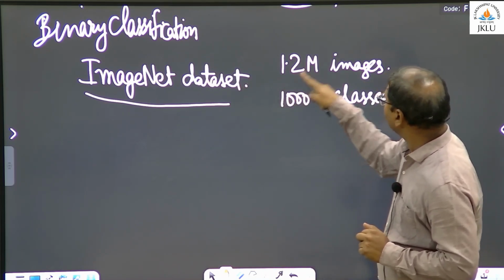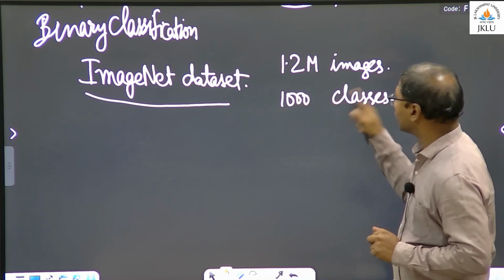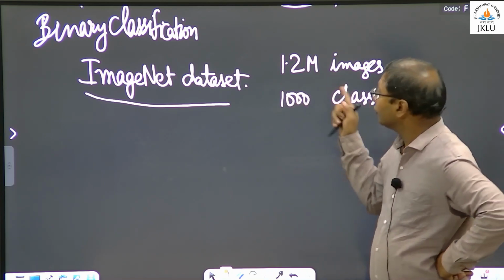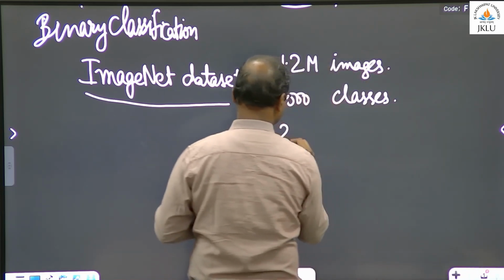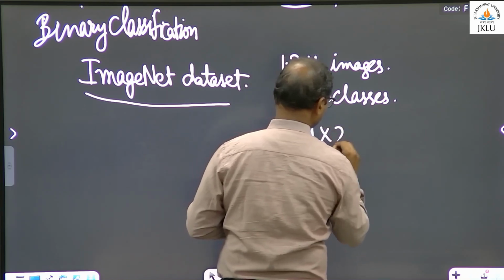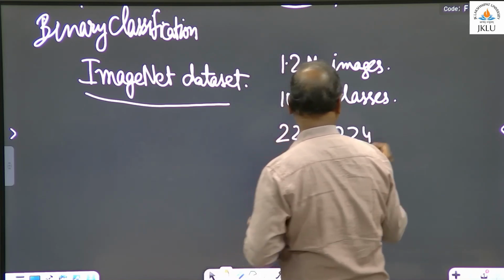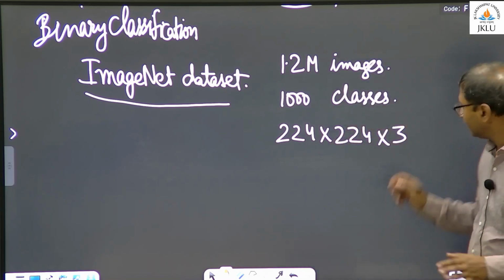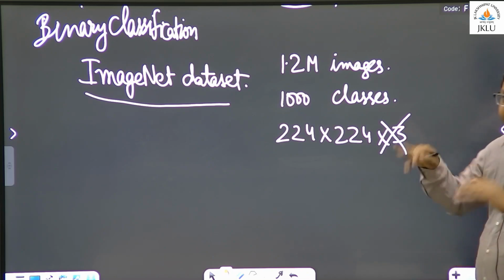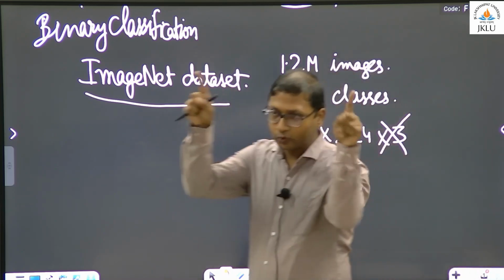So 1.2 million images, 1000 classes. And every image we are taking is 224 cross 224 cross 3, and as I said before, for the time being I will drop this 3 because we will bring it back once we understand two-dimensional pictures.